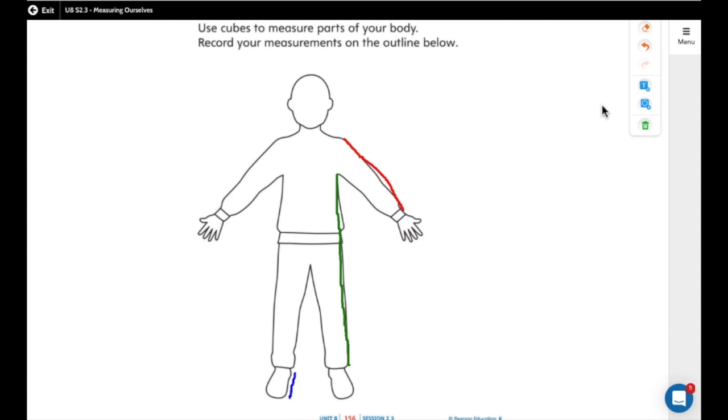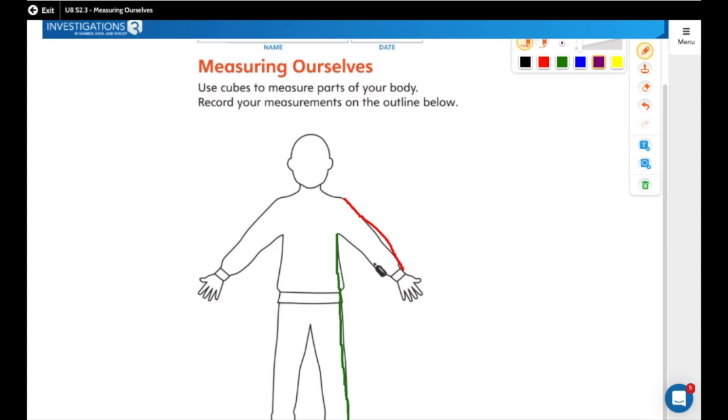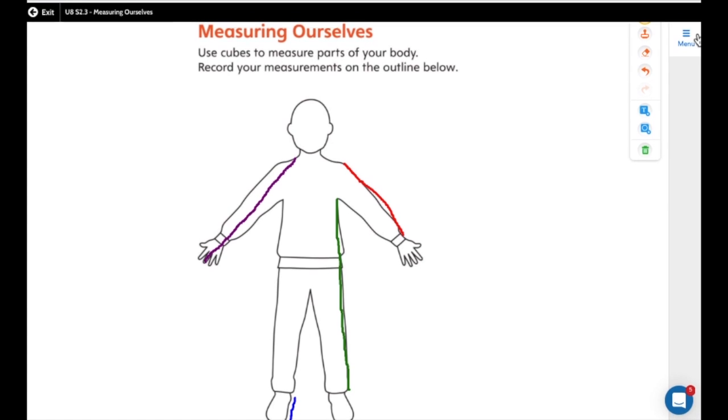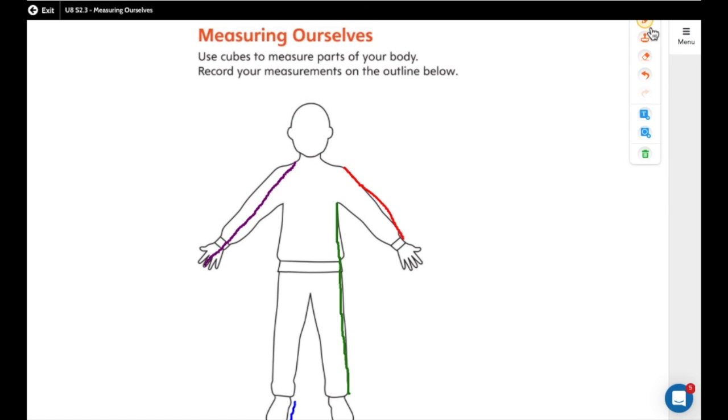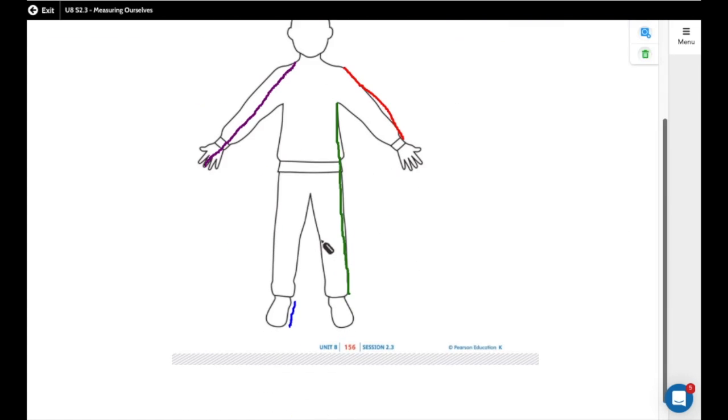What else do you think you could measure? You could measure your hand, good. Or you could measure from the tip of your finger all the way up to your shoulder. You could choose to measure just your leg and not from the shoulder down.